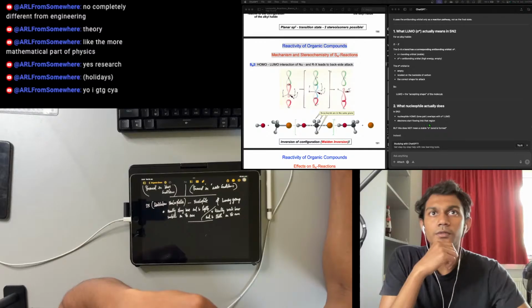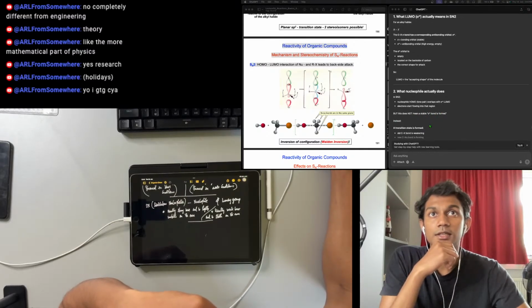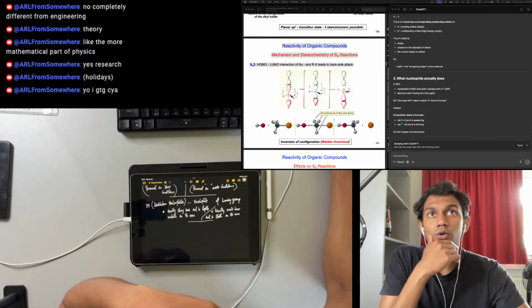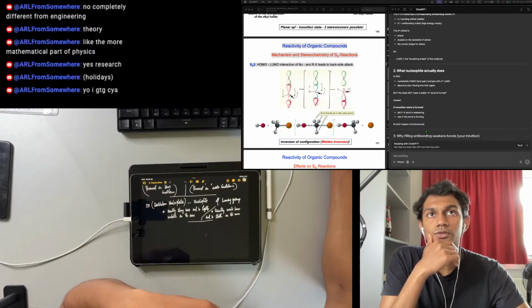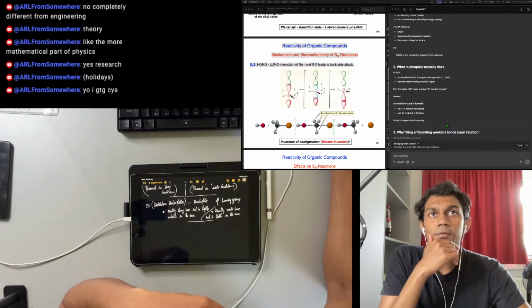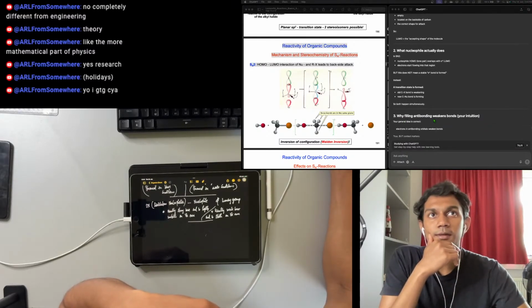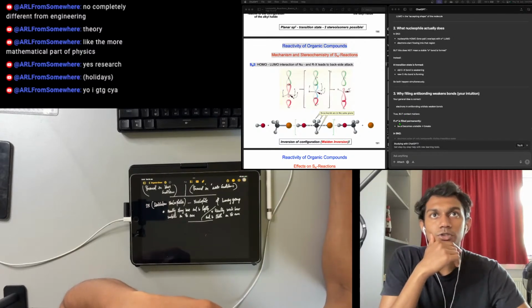Electrons start flowing in the region, but this does not mean a stable sigma star bond is formed. Instead, a transition state is formed. Old C-X bond is weakening, new C-Nu bond is forming. So both happen simultaneously. Why does filling the anti-bonding weaken bonds? Your intuition, the general idea is correct, but context matters. If sigma star is filled permanently, the bond becomes unstable and breaks.